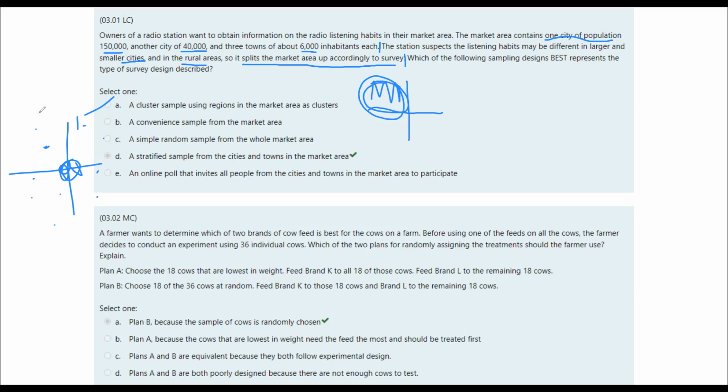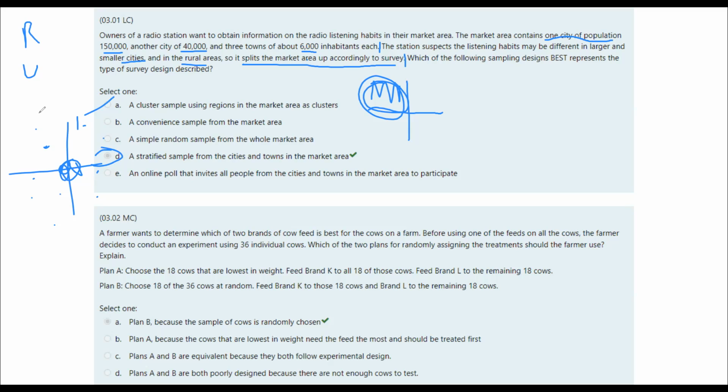Maybe that's a better way to say it. And so we are splitting it on characteristics, whether someone's rural or urban. So that's why it's stratified. That's a little bit of a tricky one. It's all about the wording. Had it said that it picked from just one location, that would be cluster.